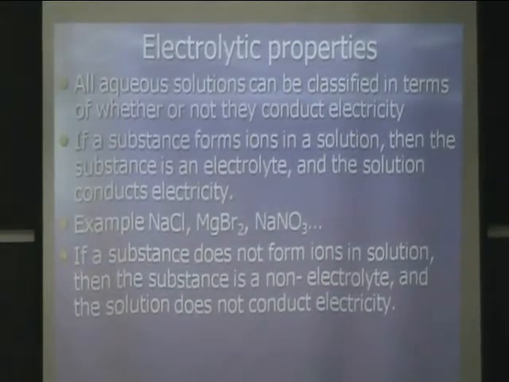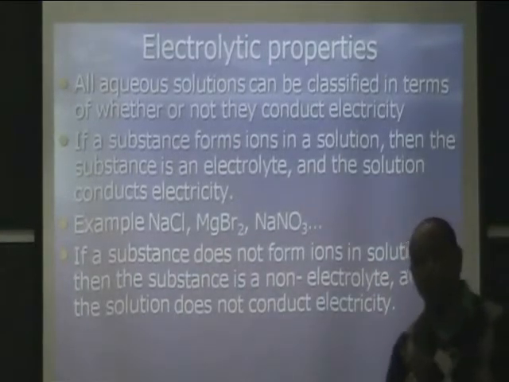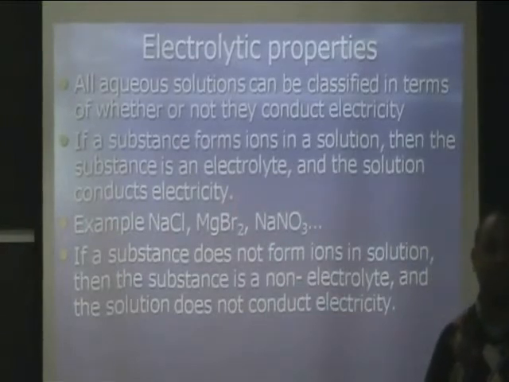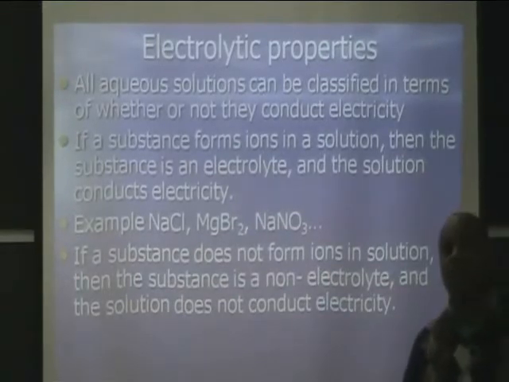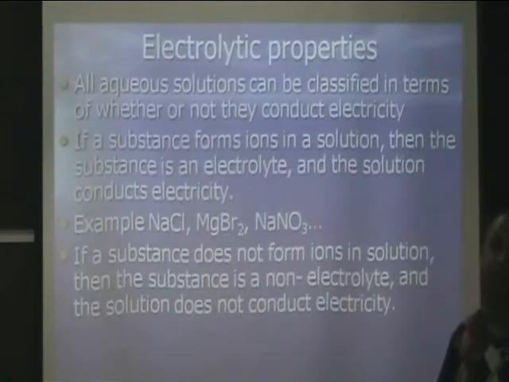A non-electrolyte doesn't dissociate. Be careful, it dissolves, but it doesn't dissociate to form ions. It's tricky. Sugar dissolves in water, but they don't form ions. Since they don't form ions, they cannot be classified as electrolytes.